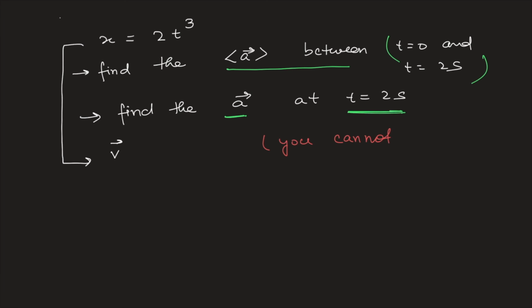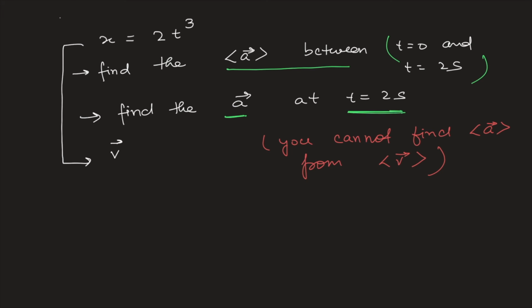You cannot find average acceleration from average velocity. This is very important. Students do it a lot of times and they do it wrong, and then they are worried about why there is an error. You cannot find average acceleration from average velocity. In order to find average acceleration, you also need instantaneous velocity.